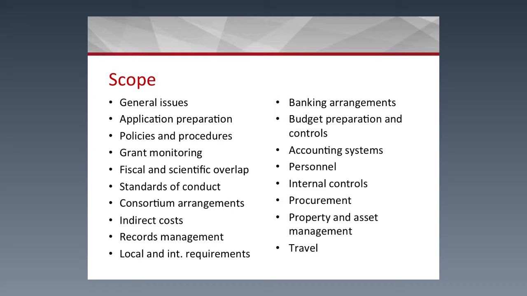Let's say some guidance on how you will develop and submit your application, what kind of procedures or policies you need to have in place at your own institutions, how you should go about monitoring your grant, how the scientific and the fiscal systems and operations will overlap, the standards of conduct, the agreements, different types of costs that are involved, allowable and unallowable, how you manage your records, to very specific procedures or activities like travel, procurement, personnel, time and effort. So the scope is really wide.